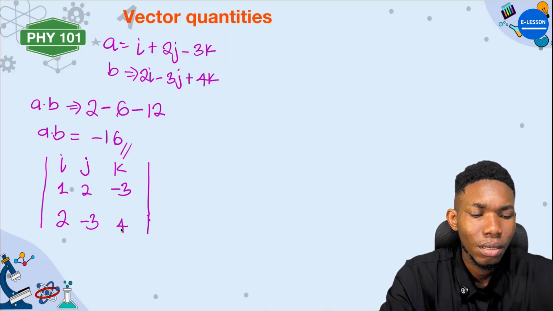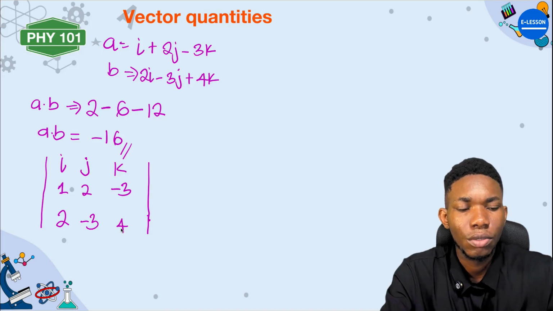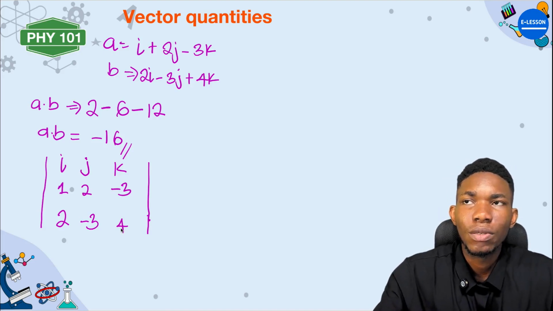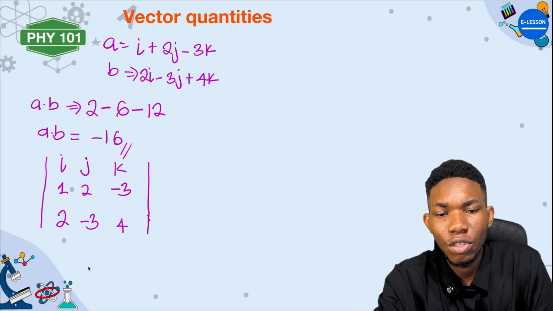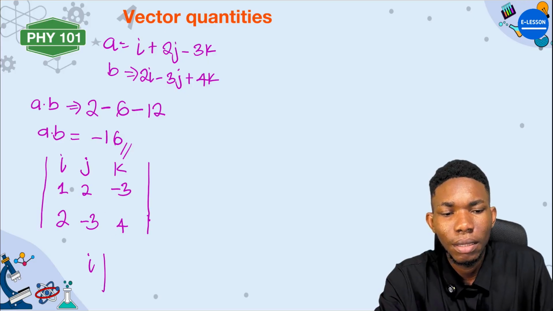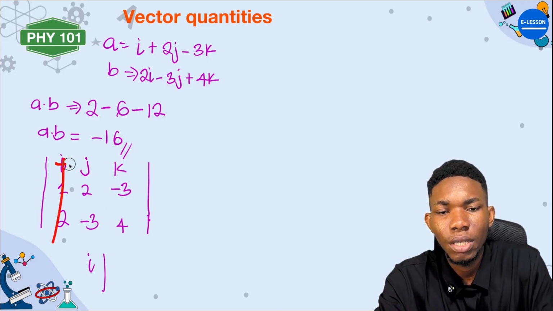My dear students, the next thing we are going to do now is this. Each of these ones, you pick i, and then I told you that you cancel here, cancel here.